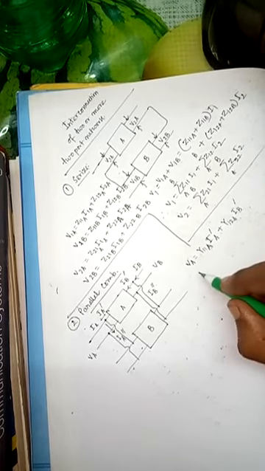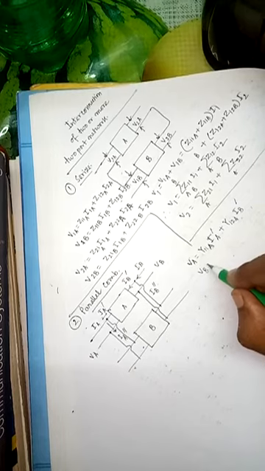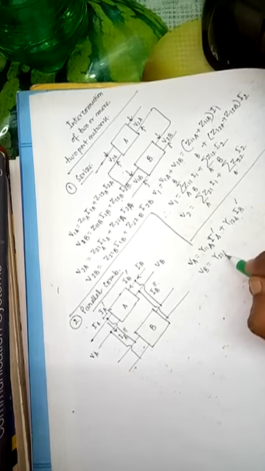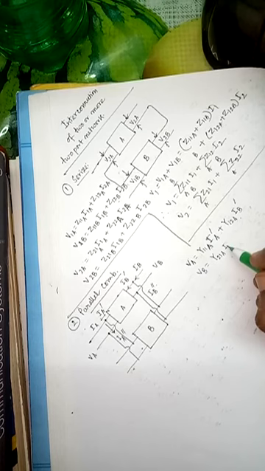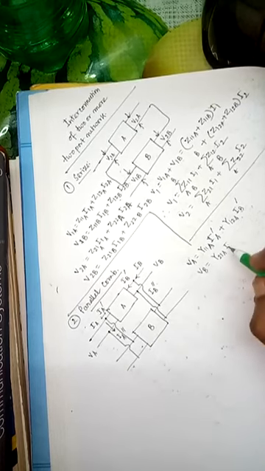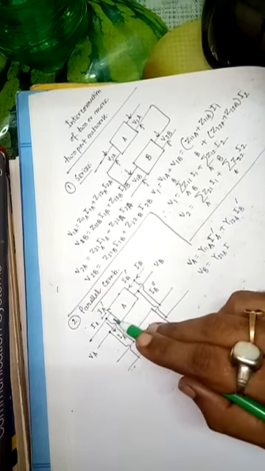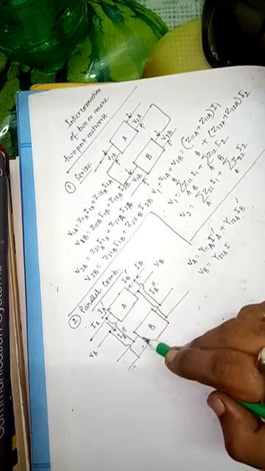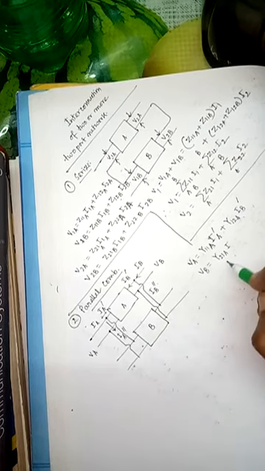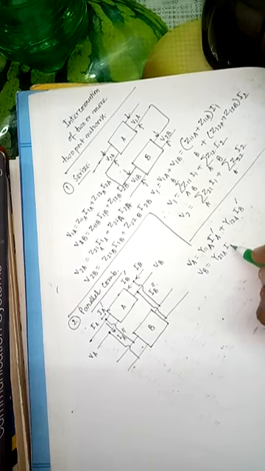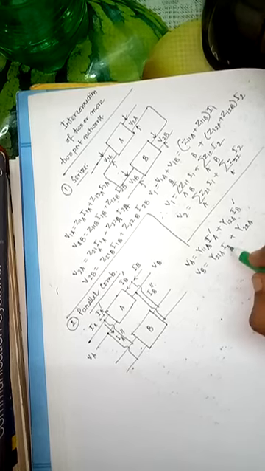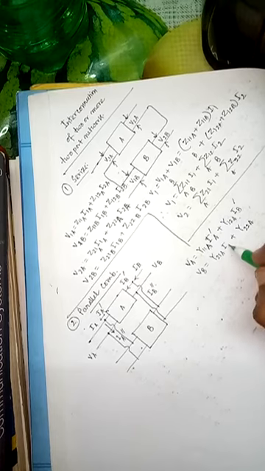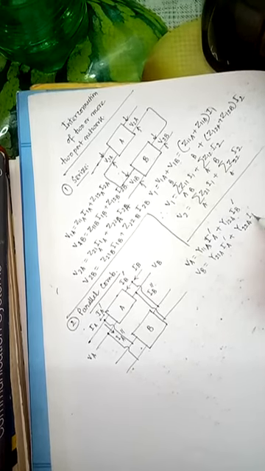In the other case, VB equals Y21A IA dashed plus Y22A IB dashed.